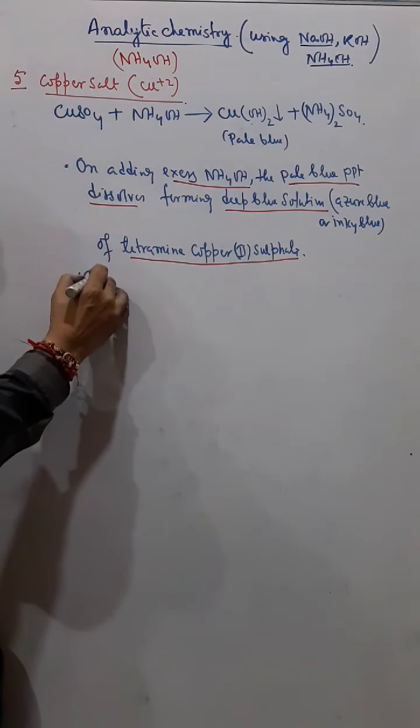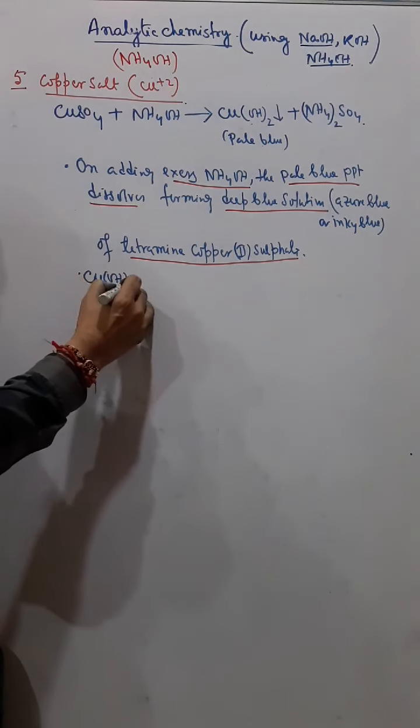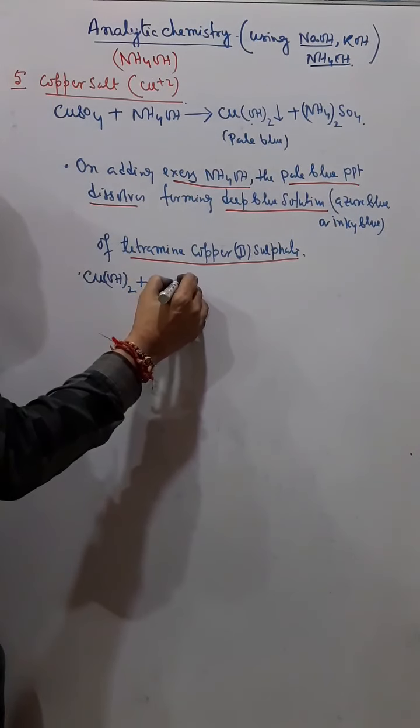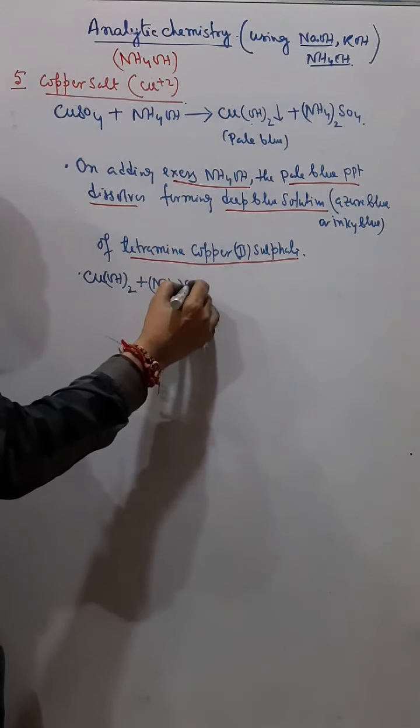So the reaction goes like this: Cu(OH)2 and plus (NH4)2SO4 was also present, so that will also react here on adding excess NH4OH. Now what will happen? We will get a solution of what? Tetramine copper 2 sulfate. Now sometimes the students find it difficult to remember this formula, tetramine copper 2 sulfate.